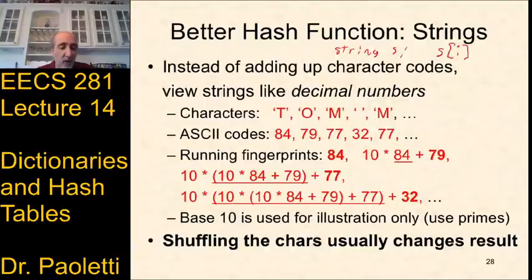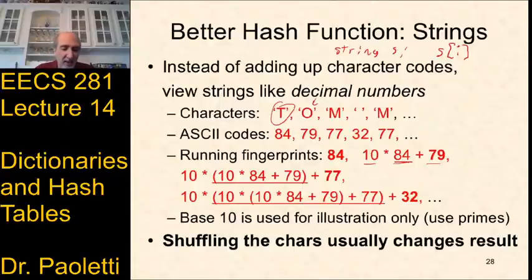I have a running total of 0. When I see the T, I take 0 times, let's say 10, 0 times 10 plus 84 is 84. When I see the letter O, I take the 84 I've got, multiply by 10, and add the ASCII value of capital O, which is 79.